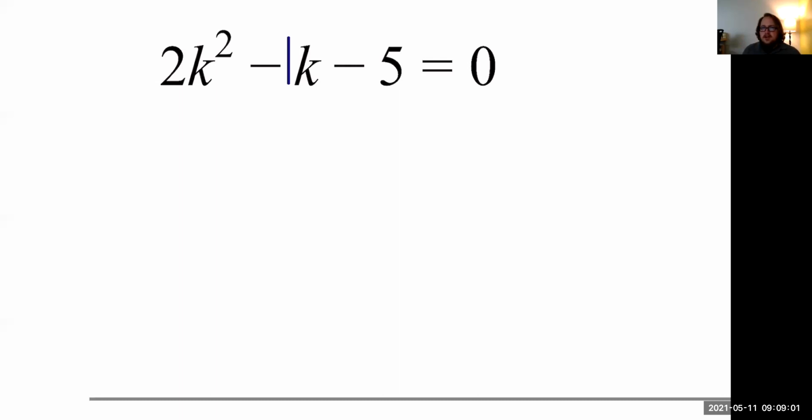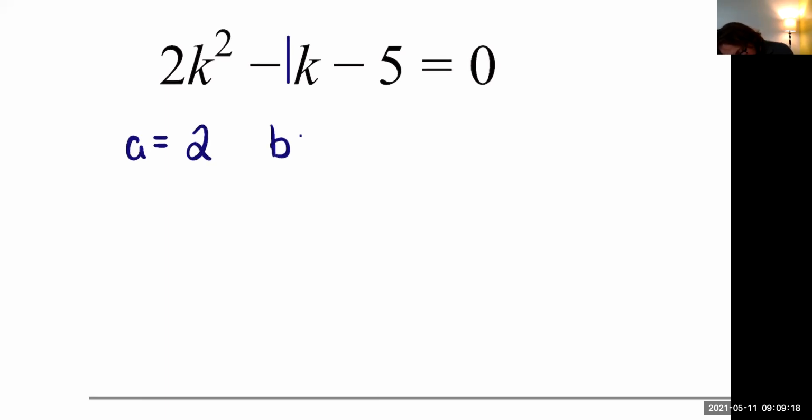Next thing I would probably notice is that this is a quadratic trinomial, which makes me think asterisk method. So worth a shot. So since we've considered the greatest common factor and there was none, what's my A in this case? 2. What's my B? -1, and C is -5.